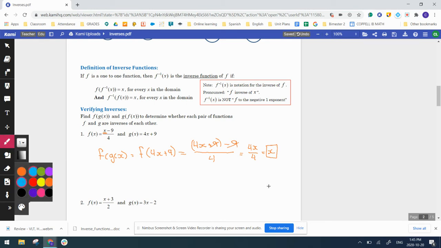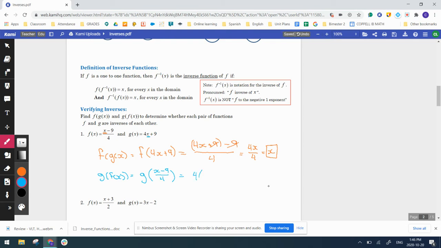So now we're going to test it the other way. So we're going to try g of f of x. So this time into my g function, I'm going to sub in x minus 9 divided by 4. So I'm going to replace this x with this right here.